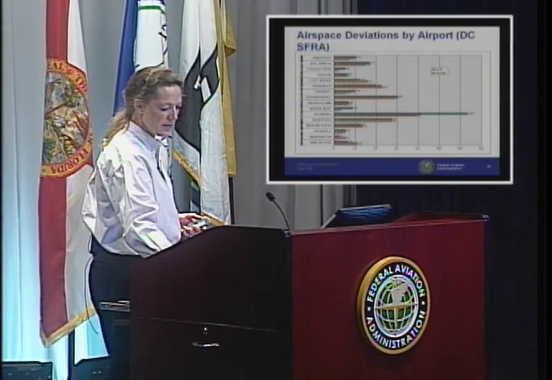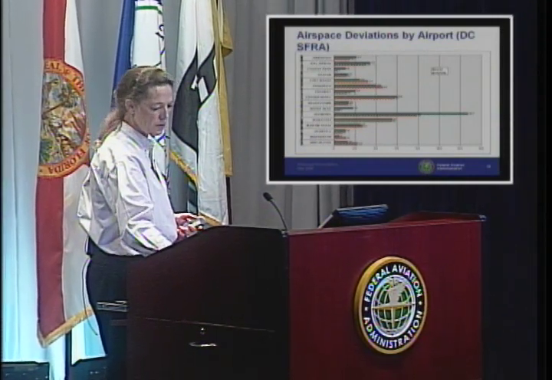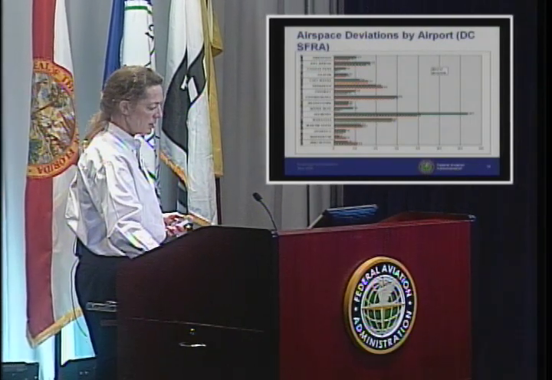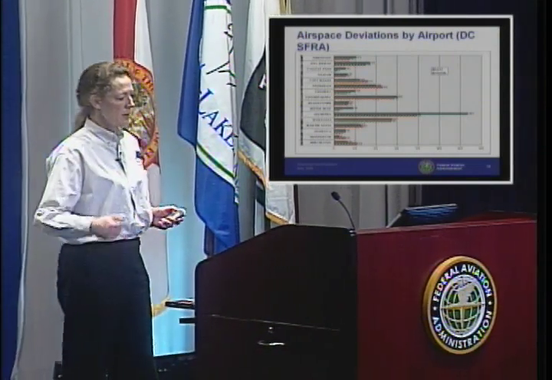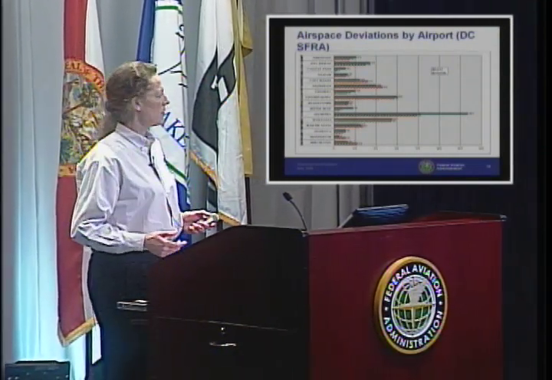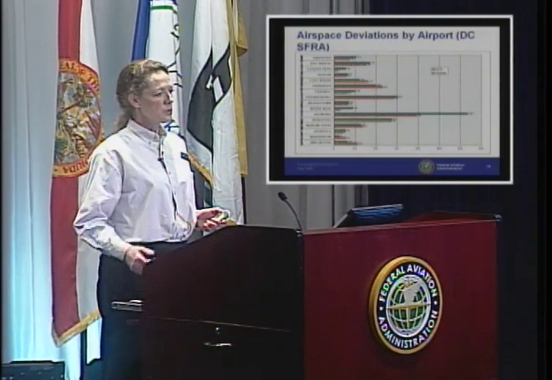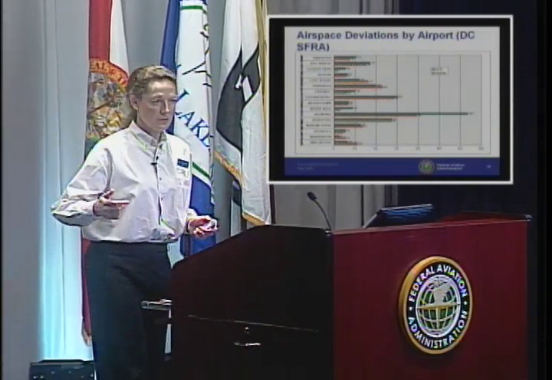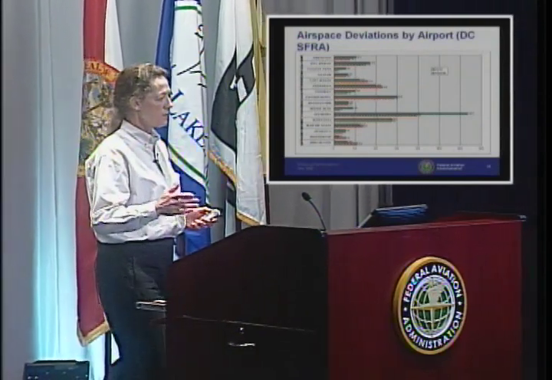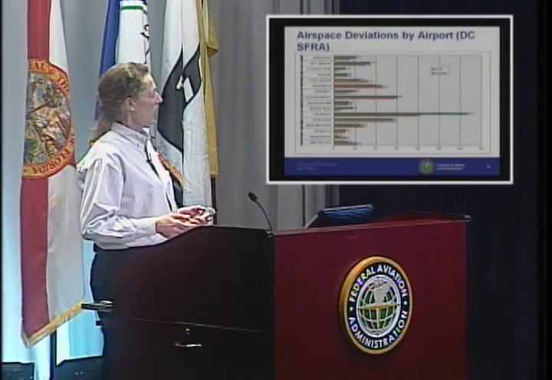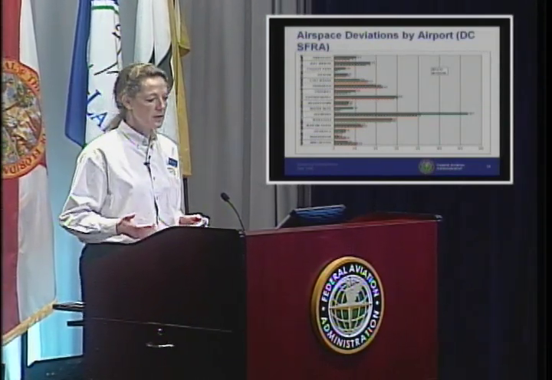As we're looking inside of the Washington Special Flight Rules area, we'll notice the high-risk airports, and they're high risk as they have an increased number of operations. Leesburg, due to its location and its complexity, and also because it's got a set of different procedures, has had the most breaches of the other airports located in and around the Special Flight Rules area.